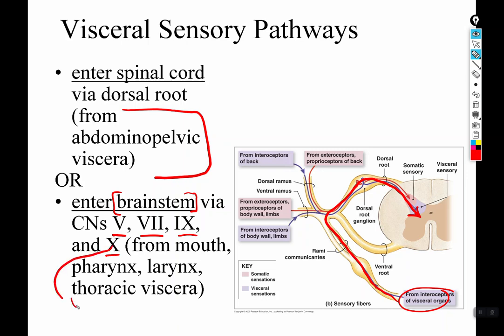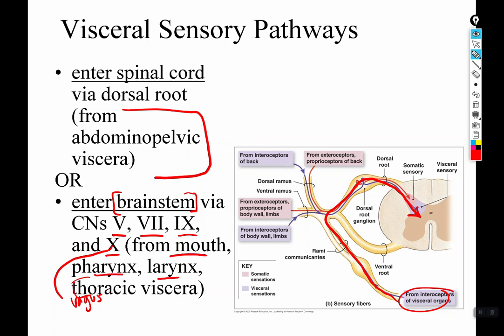Vagus, for example, that shouldn't surprise you since you know that it innervates most of the abdominopelvic viscera. And also the thoracic ones, so the thorax, including lungs and heart, and other aspects of the thorax. And then we've got mouth, pharynx, and larynx as well.